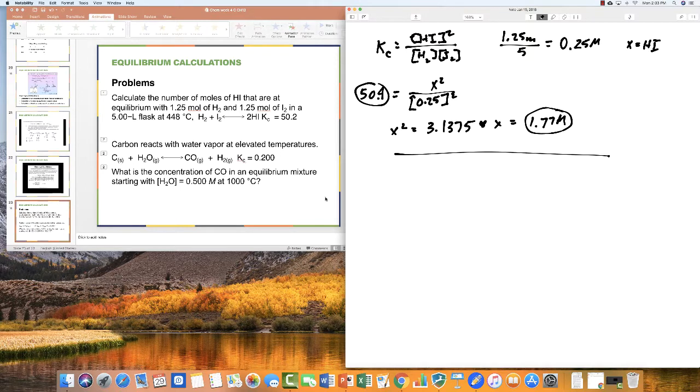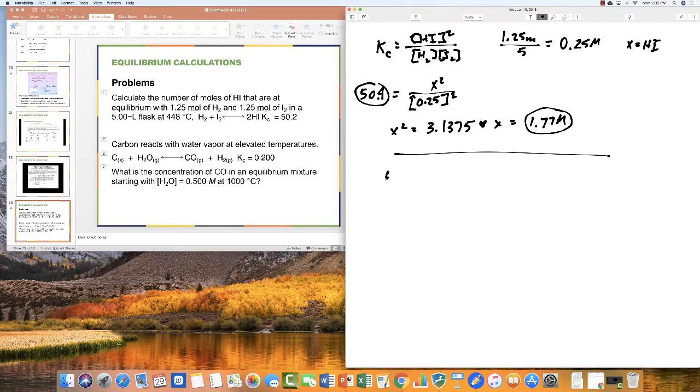Now the second one looks like this. Carbon reacts with water vapor at elevated temperatures to form carbon monoxide and hydrogen. What is the concentration of carbon monoxide in an equilibrium mixture starting with a concentration of water of 0.5?